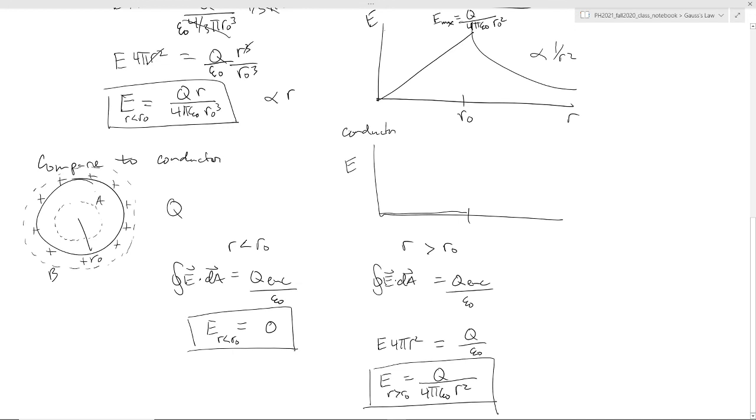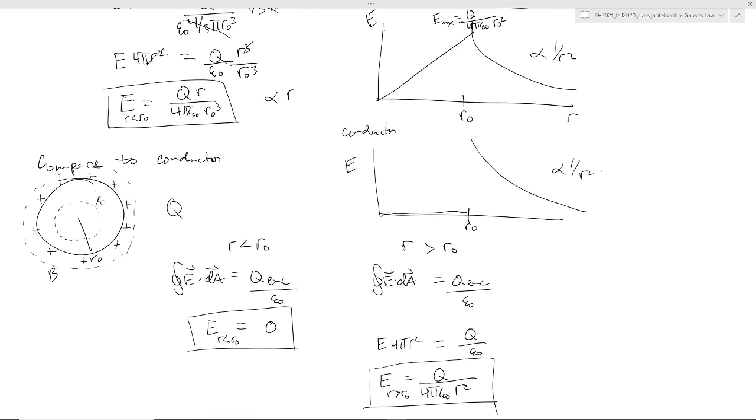And then once you get to r naught, the electric field is going to drop off like 1 over r squared.